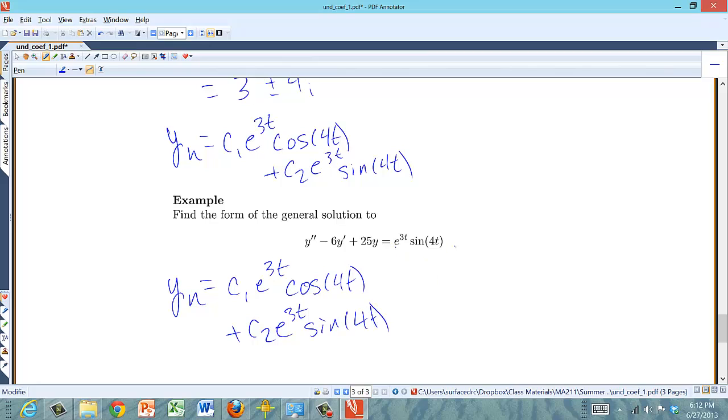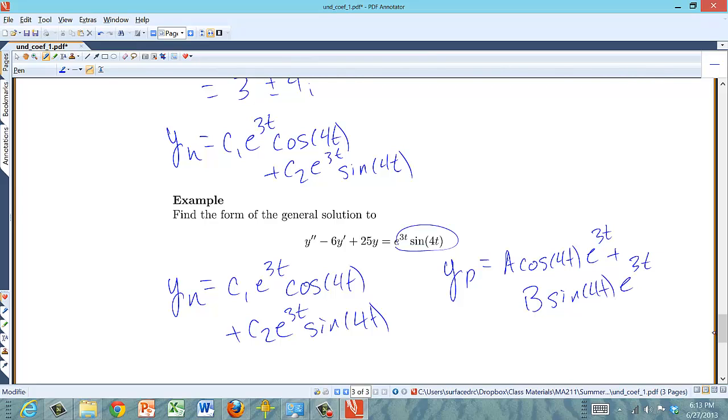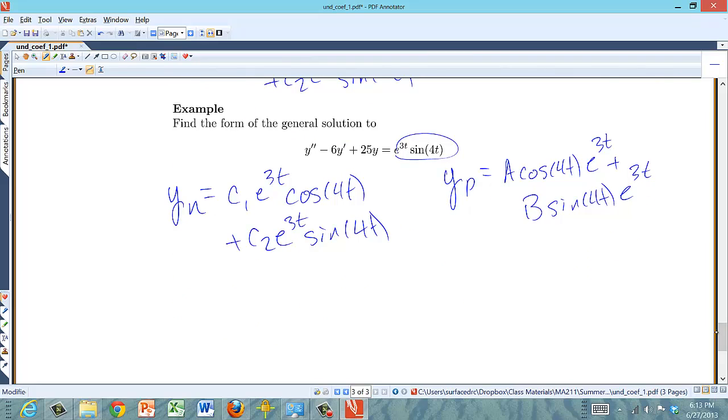Okay, so taking a look at this right-hand side of the equation, I would ordinarily guess yp is equal to a cosine 4t e to the 3t plus b sine 4t e to the 3t, and we can see that both of these are going to solve the associated homogeneous equation. This one will, it shows up right there. This one will too, it shows up right there.